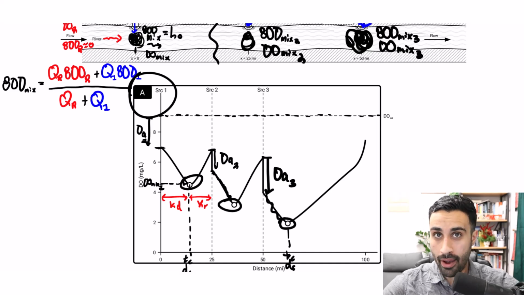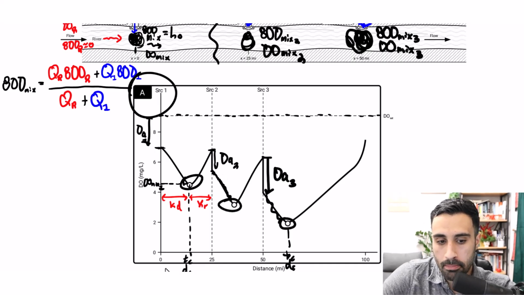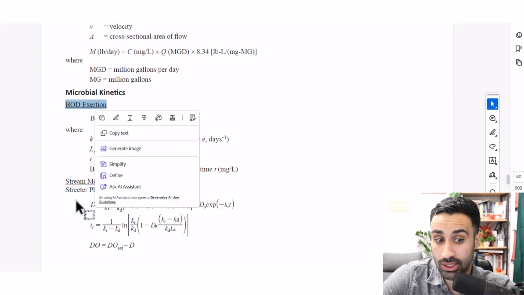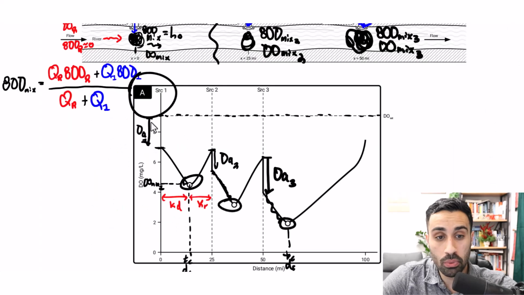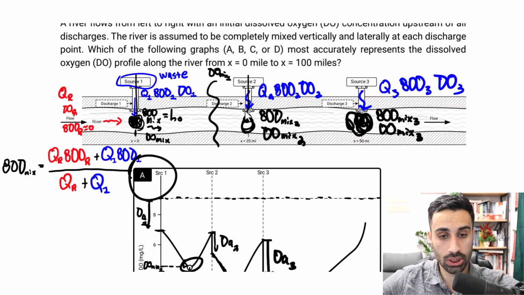Now, I do have a PDF for you breaking all the calculations down. This is definitely good for the environmental exam because it will use this definition and it will use the Streeter-Phelps. So what we're doing essentially is going one source, so small distances at a time.